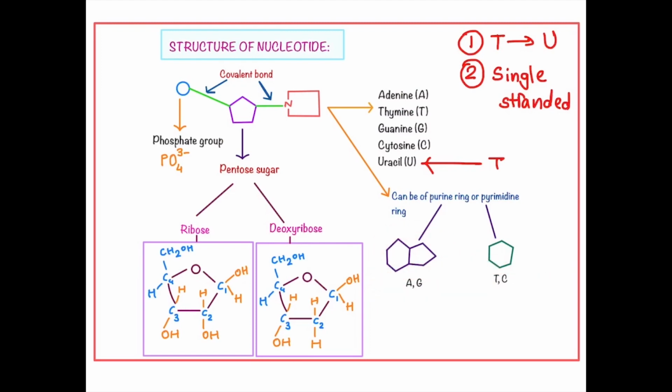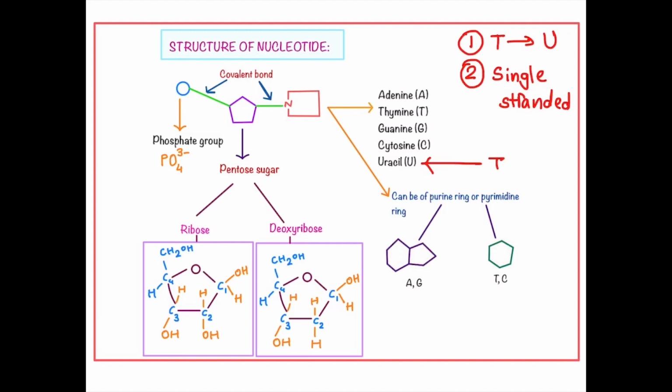So it has carbon 1, 2, 3, 4, 5, 6. That's why 6-member ring. Here 1, 2, 3, 4, 5, 6. 1, 2, 3, 4, 5. So a 6-member ring attached with a 5-member ring is the purine ring. Only a 6-member ring is the pyrimidine ring.